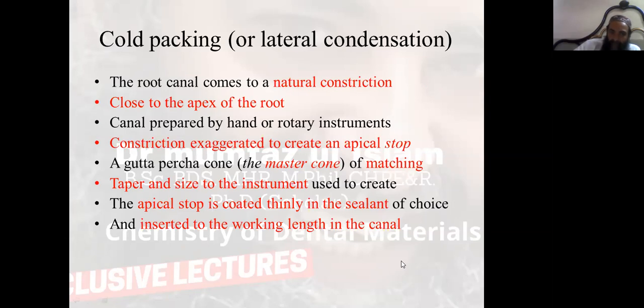That constriction was exaggerated to create an apical stop. A gutta percha cone, which usually the master cone of matching taper and size to its instrument, used to create the apical stop, is coated thinly in the sealant of choice and inserted to the working length in the canal.